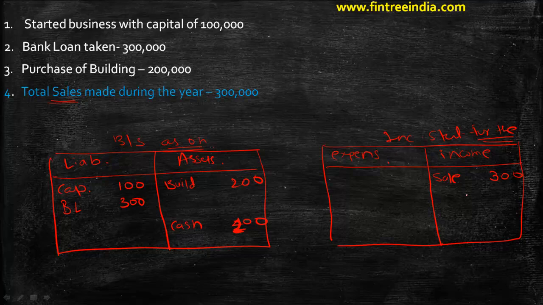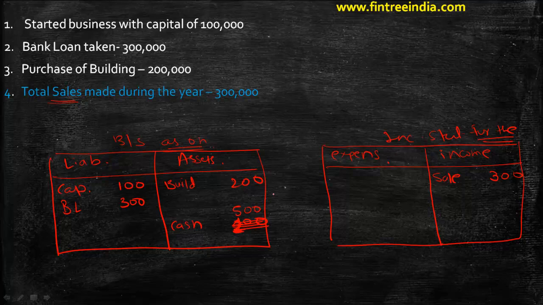That when we've made sales, it is very obvious that we are going to receive cash. Therefore, we are going to say that the second effect is to add 300 to our cash, so that our cash will now become 500. We gave two effects: one, sale on the income side; second, that we added that 300 to the cash, so now cash has become 500.